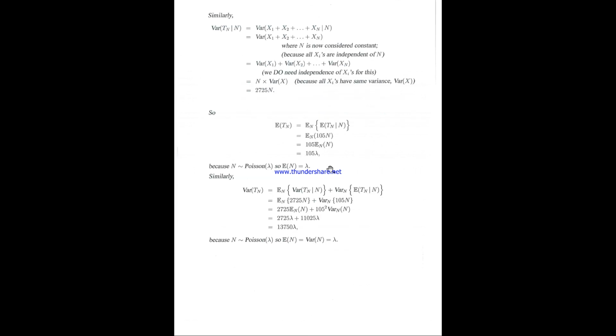Okay, so if you look at this now, if you want to calculate the variance of the randomly stopped sum, you can write the variance of Tn as the variance of x1 up to xn given that capital N is a constant, and then you have independent random variables.